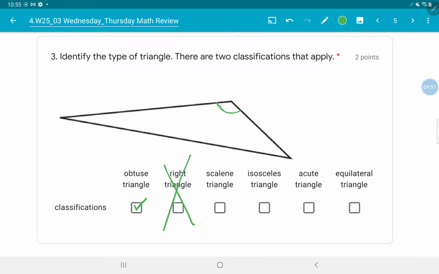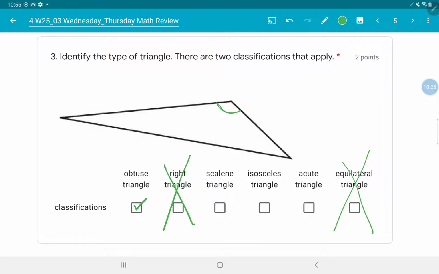Now we need to look at the sides. If all three sides are equal, what kind of triangle is it? Equilateral. Are all three sides the same? No, so it's not an equilateral triangle. If there are two sides that are the same, it's an isosceles triangle.